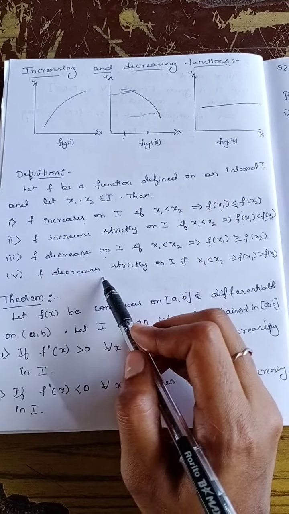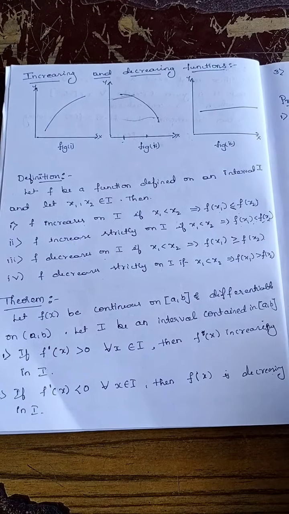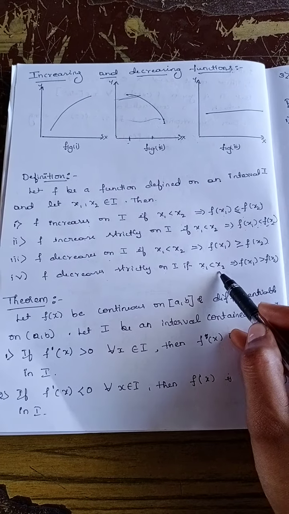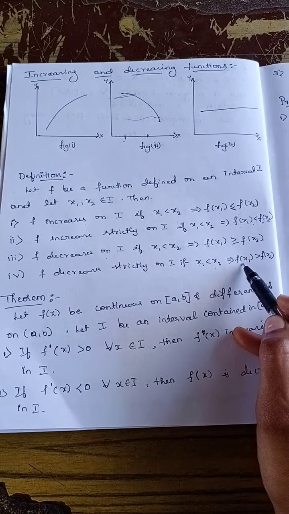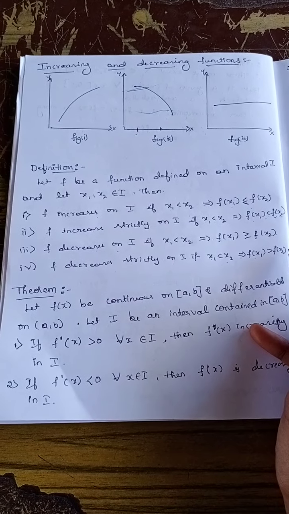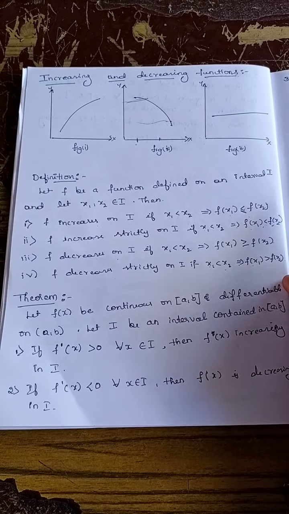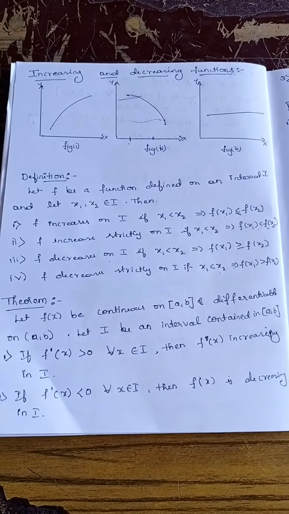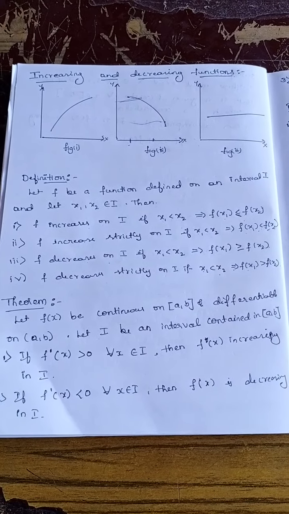And f is strictly decreasing on I if x1 is less than x2 implies f of x1 is strictly greater than f of x2. These are the definitions of strictly increasing, strictly decreasing, increasing and decreasing function of a function f on any interval I.